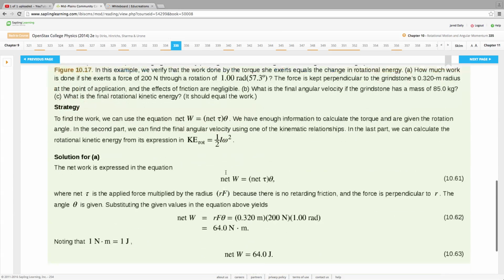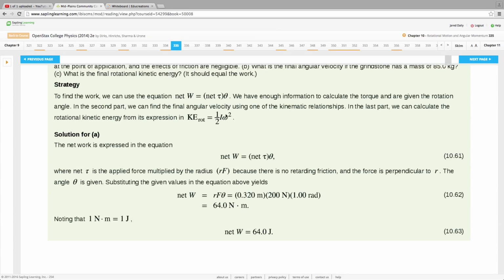Okay, so anyway, the rotational kinetic energy is 1/2 I omega squared, just like linear is 1/2 mv squared. So the I takes the place of the m, the omega takes the place of the v, so it's rotational velocity now. And then we know that in the end, the net work will equal the net torque that is done. Right? So we go ahead and start calculating some things.